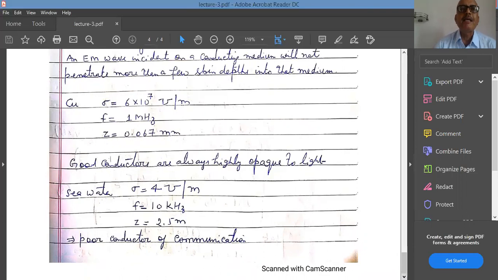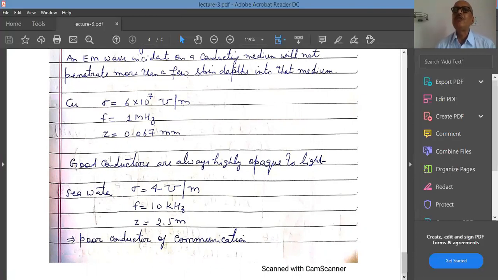So you have to make some calculations of these numbers. You can take another example of the ionosphere. You must have read about this layer of the atmosphere. The ionosphere is totally ionized because of the sun's radiation falling on it. Then you can find out the skin depth for the ionosphere.